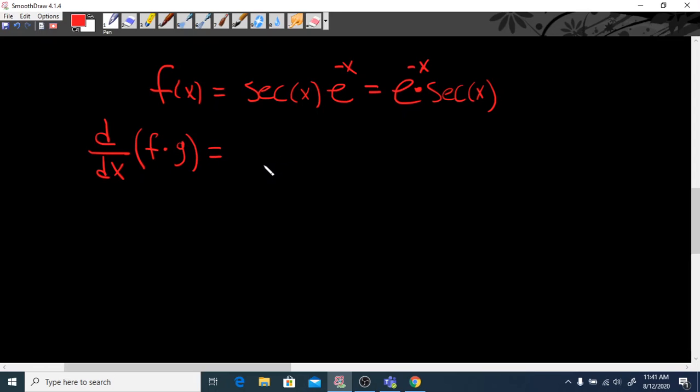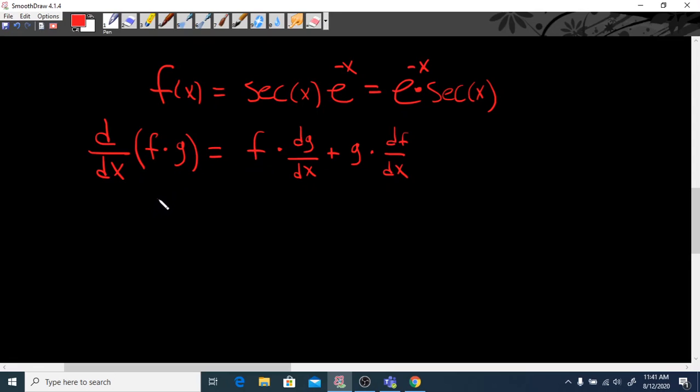So the derivative of f times g is going to be f times the derivative of g plus g times the derivative of f. Okay? So we need each piece of the product as well as their derivatives.